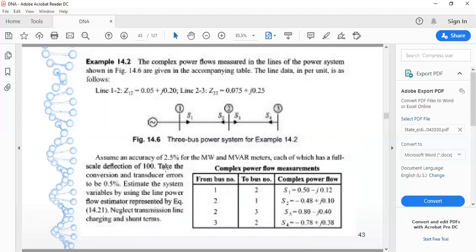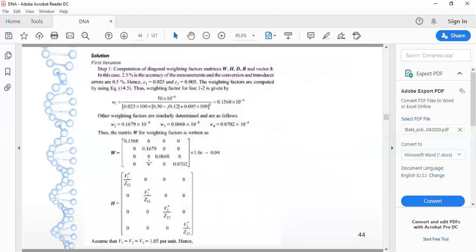Okay. Now, more precisely, we are going to discuss the weighting factor. In order to discuss the weighting factor, the percentage of accuracy is given for the megawatt and MVAR meters, which have a full scale deflection also given. So in order to determine the value of the weighting factor, we have to use the empirical formula, which we have already discussed in my previous lecture.